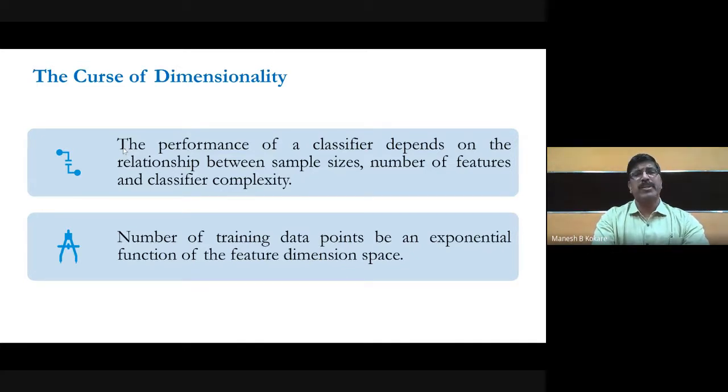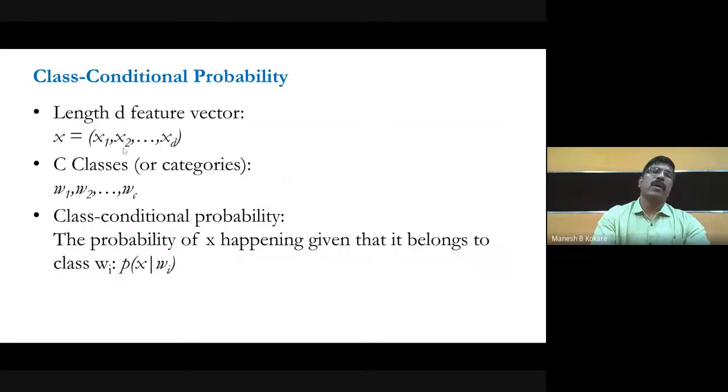So feature selection is also one of the important steps in object recognition. You know the class conditional probability. For example, if you have the feature vector X of length D, X1 is your first feature, X2 is the second feature, and XD is the dth feature.